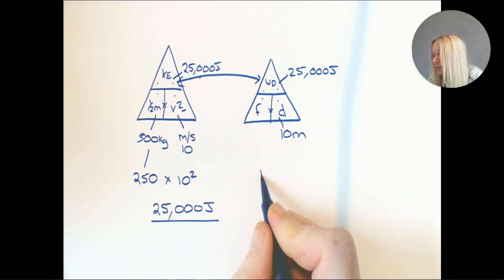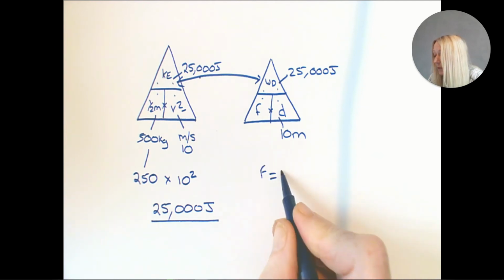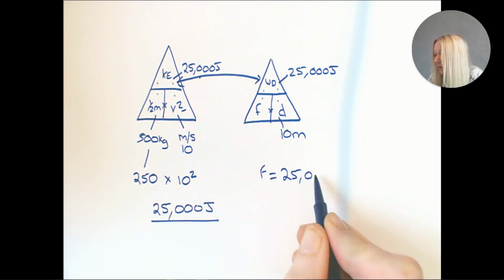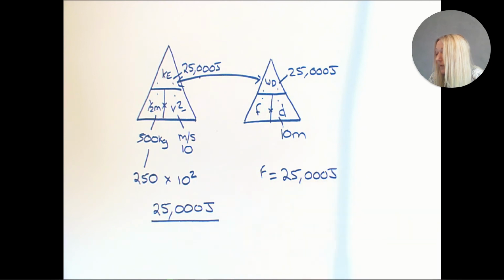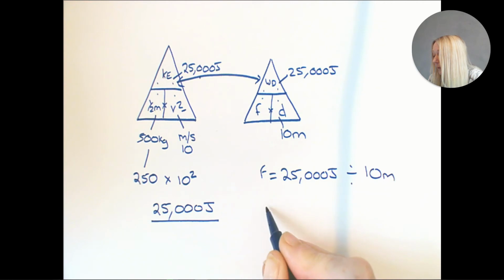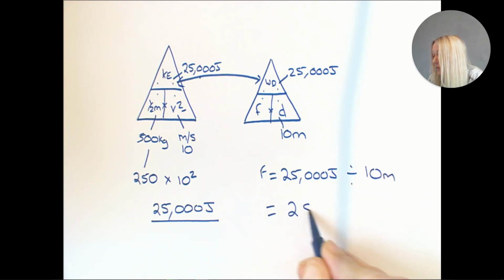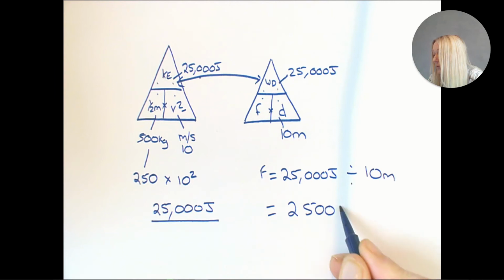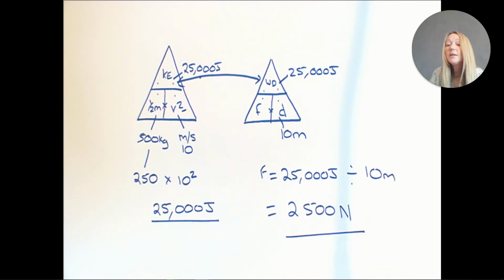So the force is going to equal 25,000 joules divided by our 10 meters, which will give us 2,500 newtons. And that's how we link these two equations.